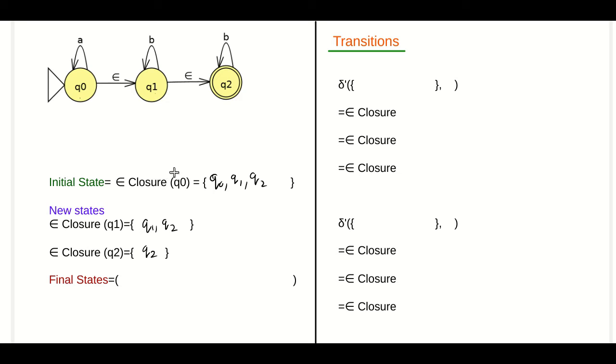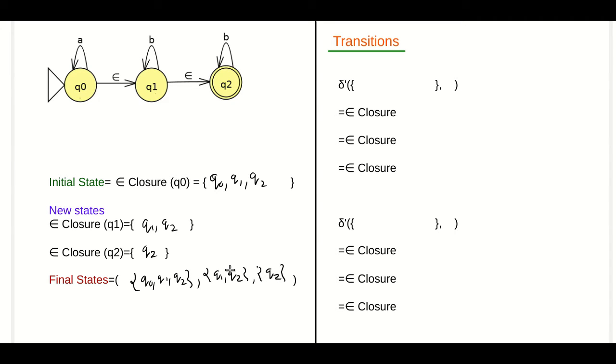Now the final states are all the states containing the final state of the epsilon NFA. Here the final state is Q2, so the initial state contains Q2, so the initial state is a final state. Then the new state Q1, Q2 also contains Q2, so it is also a final state, and Q2 is a final state. So Q0, Q1, Q2 will be a final state, the pair Q1, Q2 will be a final state, and the last state Q2 will also be a final state.